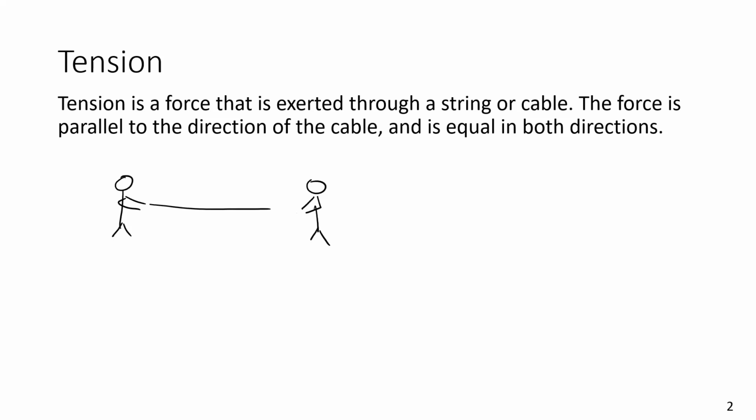Say it's a stalemate. The tension pointing that way is the same as the tension pointing the other way. It travels through the cable or rope or anything in the same direction. So that's with stick figures.